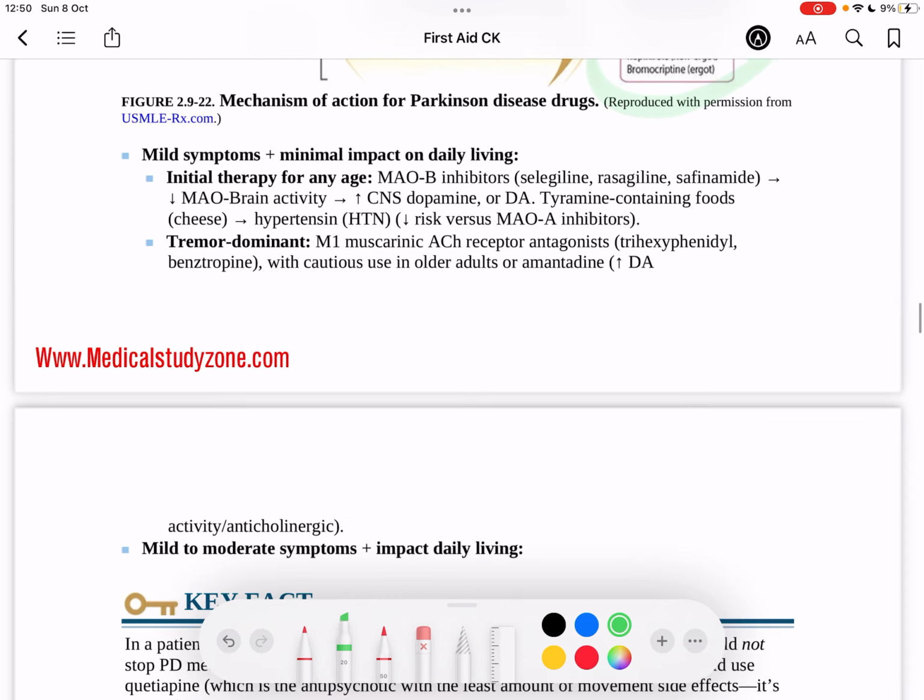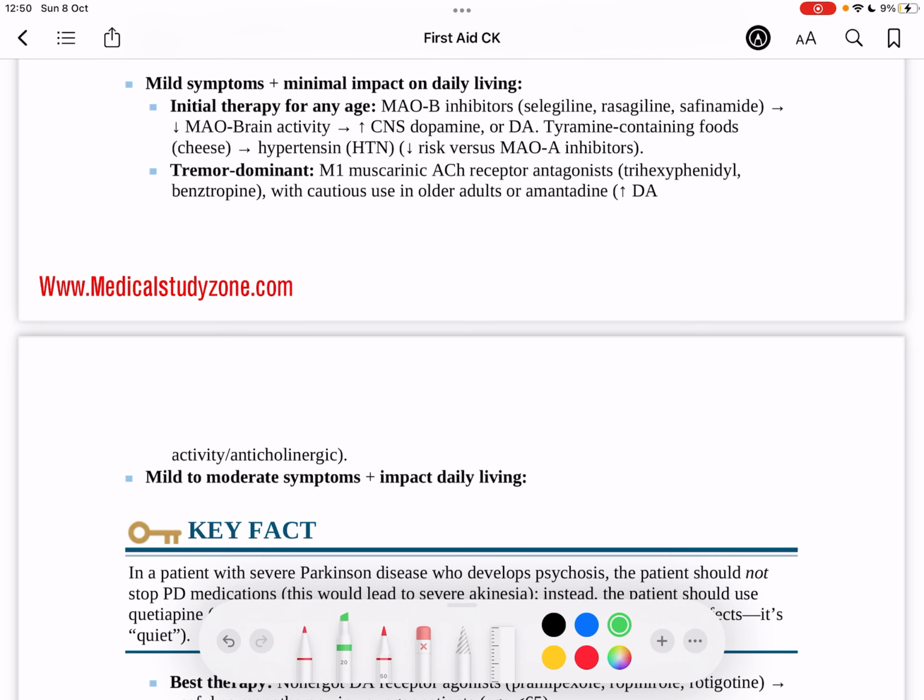So let's talk about the more Step 2 CK concepts. If a patient comes to us with mild symptoms and a minimal impact on daily living, i.e. they're not struggling with their Parkinson's symptoms to the point that they are struggling with their day-to-day living, the initial therapy should not be dopa-carbidopa. It shouldn't be, okay?